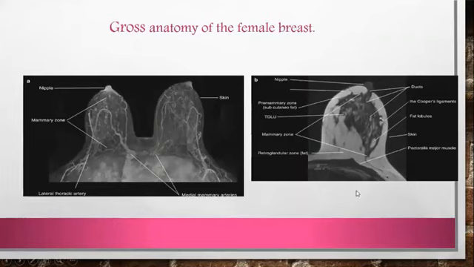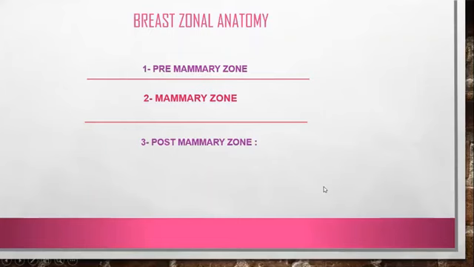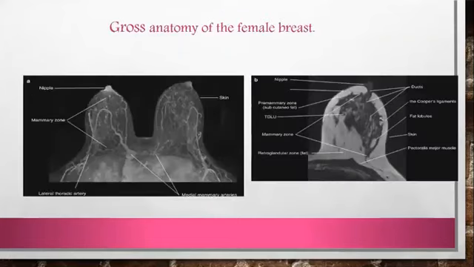And here this is the non-fat-saturated T1 image, which demonstrates the nipple and the glandular parenchyma, as well as the surrounding fat in the pre-mammary zone, the retromammary or retroglandular zone here, and the skin and fat lobules within the glands.